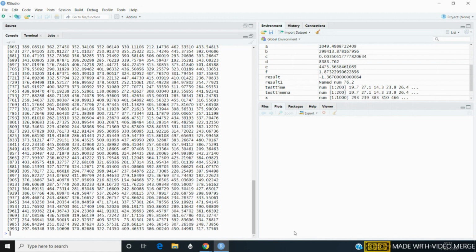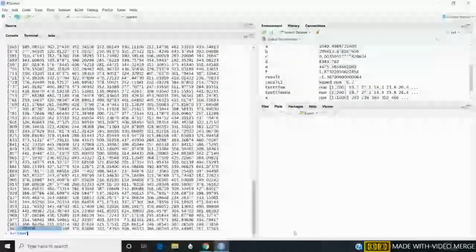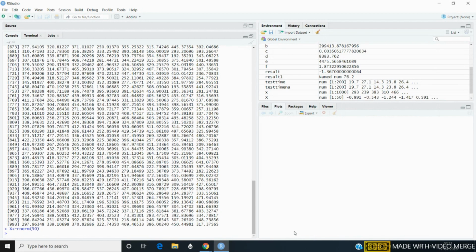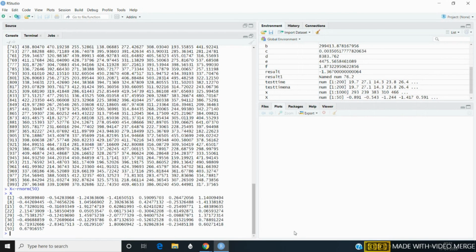There is one more method: if I assign capital X rnorm 50, I have generated 50 random numbers, but I did not provide the mean and the standard deviation. In such a case, by default the mean is 0 and the standard deviation is 1.